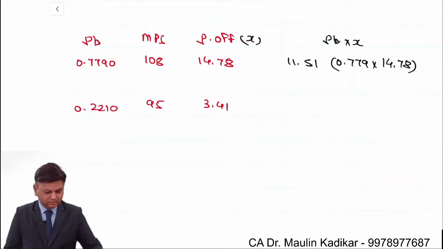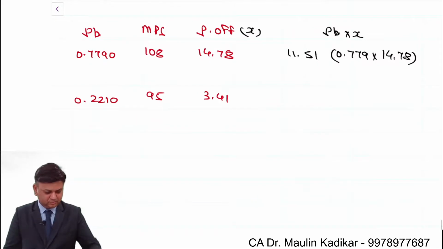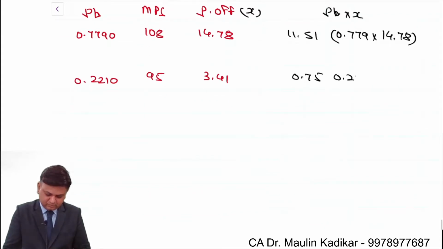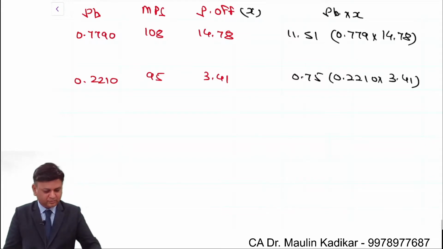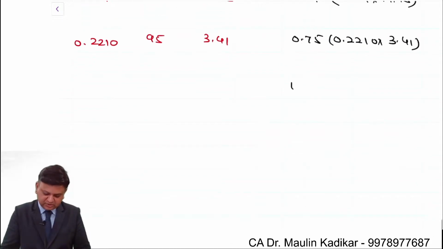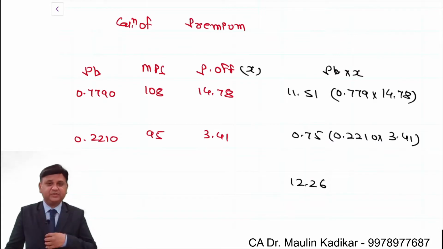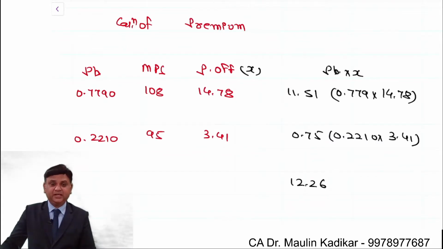3.41 into 0.221, so it is 0.75. So 11.51 plus 0.75, that is 12.26. This is the way we are required to compute the expected payoff, and then it will be discounted to year 0 to find the premium.